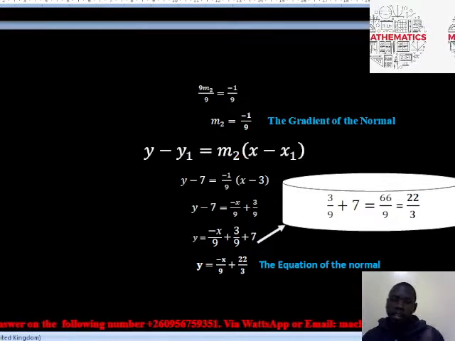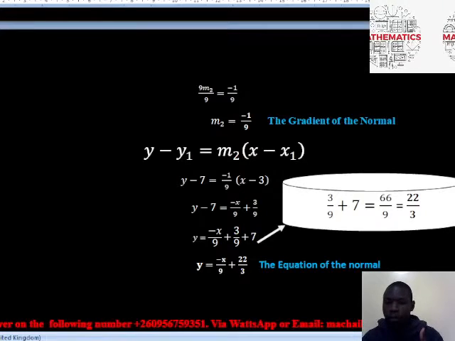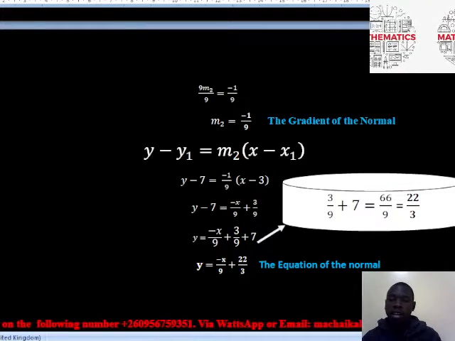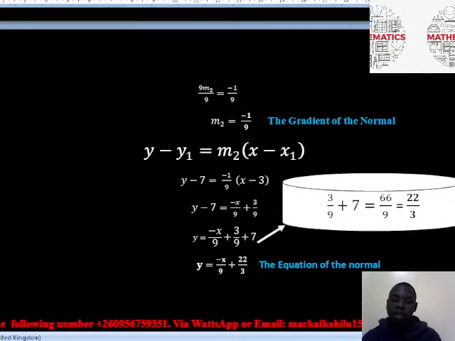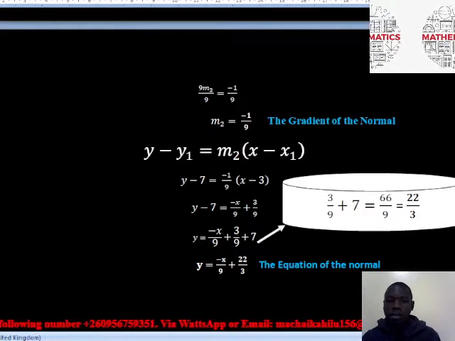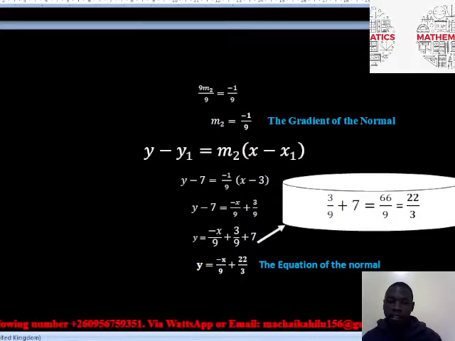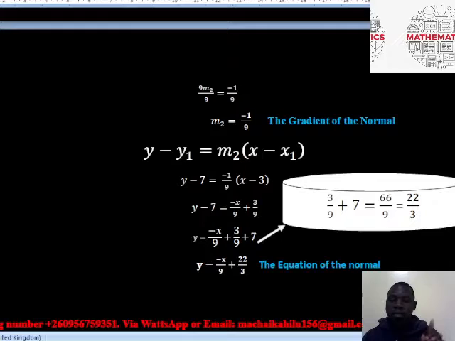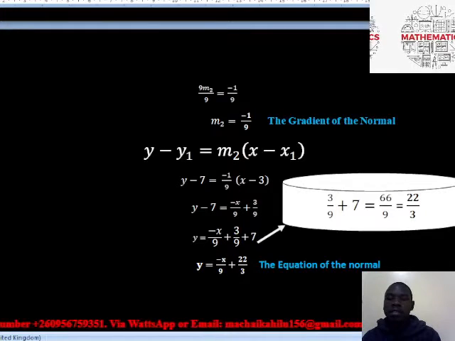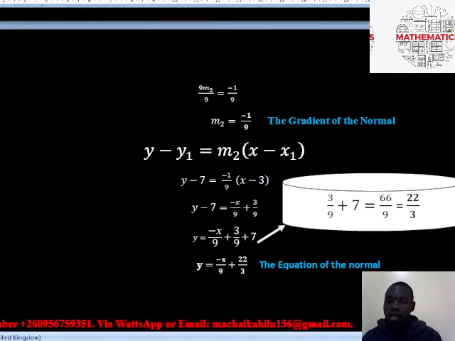Remember that even in the previous video when we were calculating the equation of the tangent, we used a formula which helped us find that equation. You use that same formula to find even the equation of the normal.